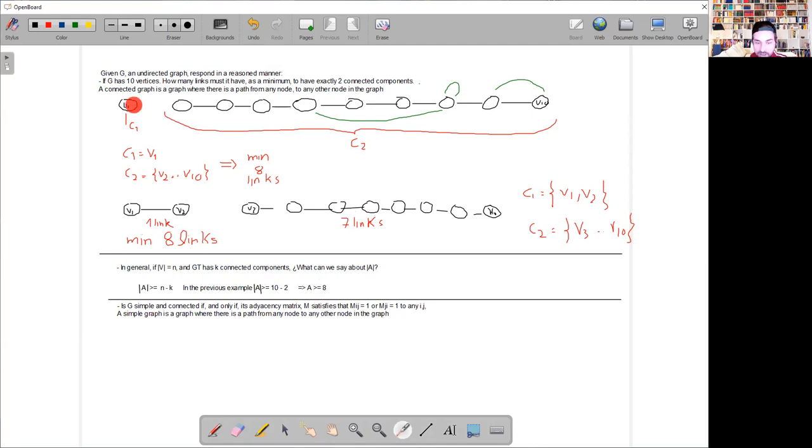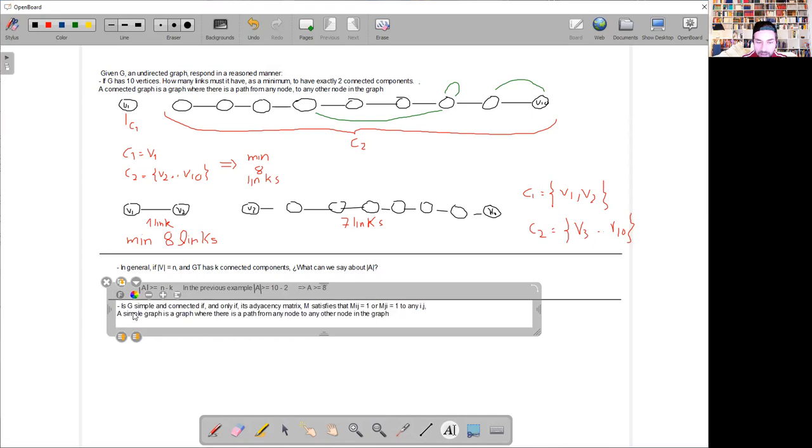So for instance here, oh sorry, that is connected, right? That is a connected graph, right?